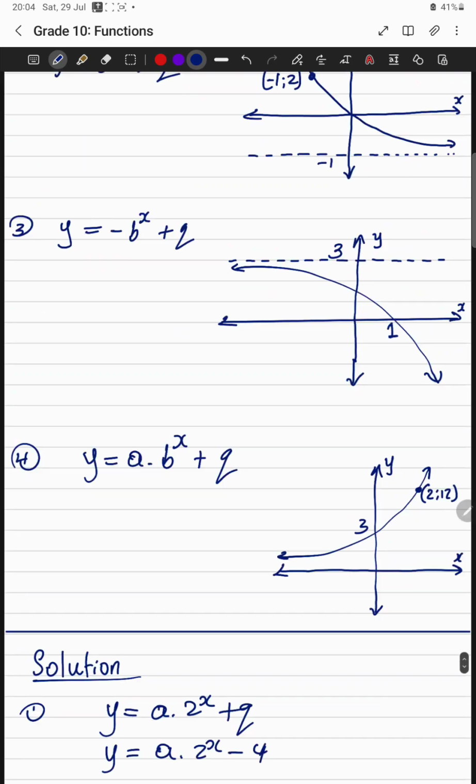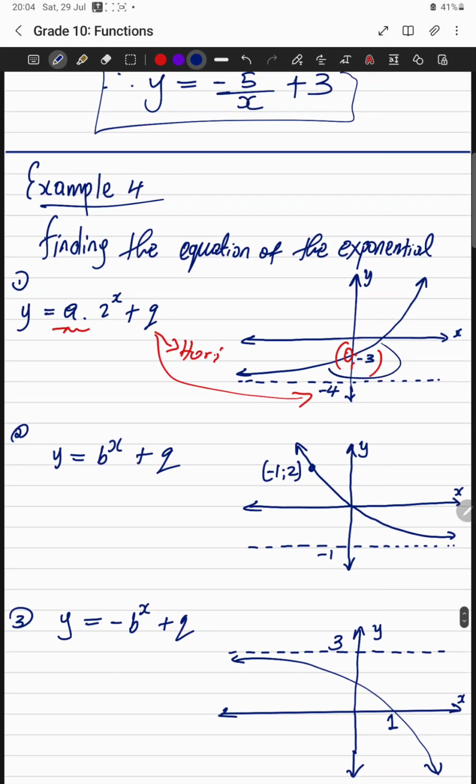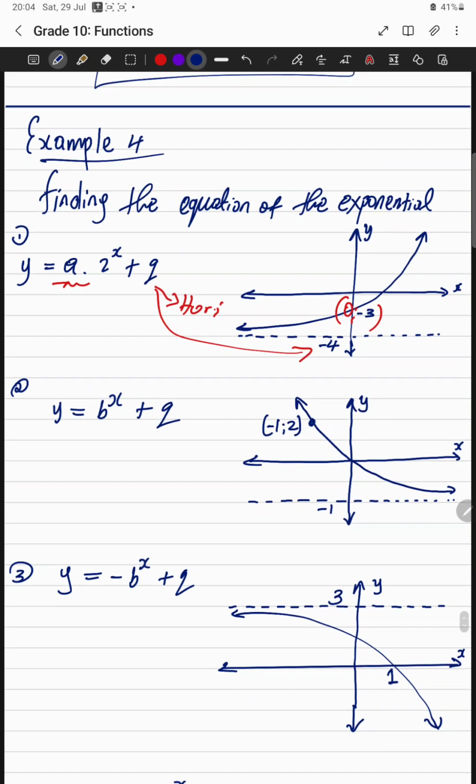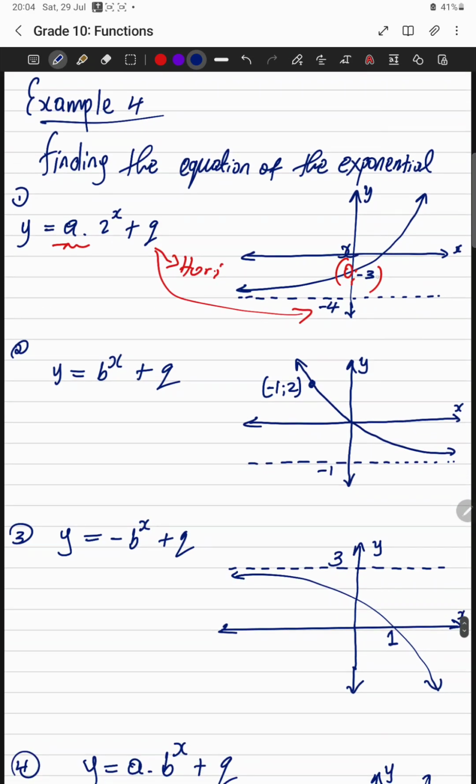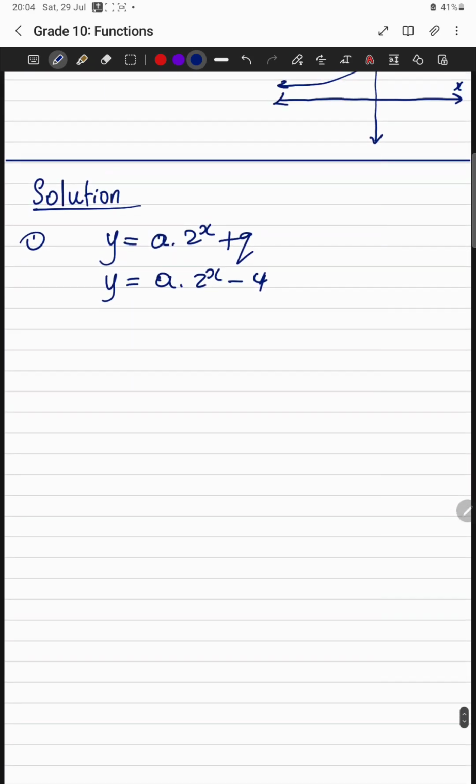And the next step is to use this point over here, and in the place of x we're going to put 0, and in the place of y we're going to put -3, and then we solve the unknown. So in the place of y we're going to put -3, and a times 2 to the power 0, -4, and then we just work it out.